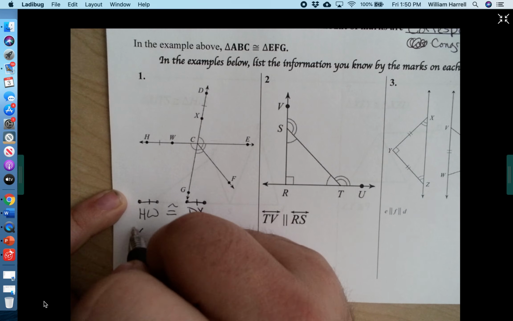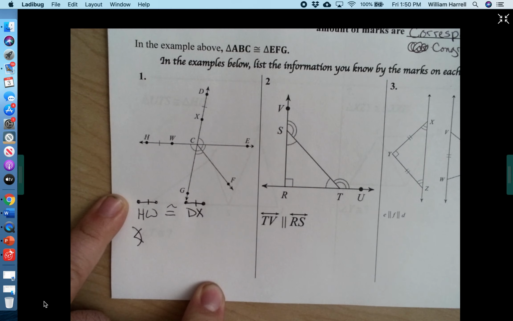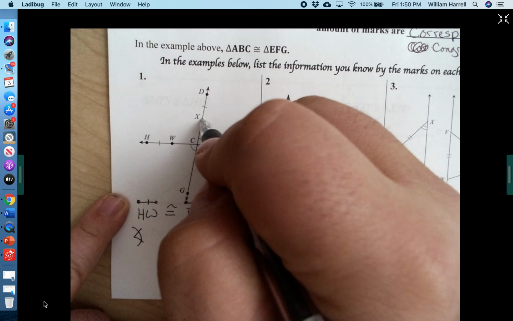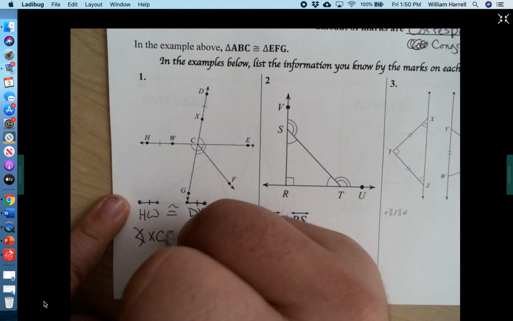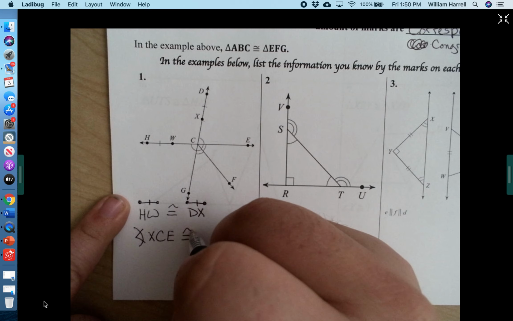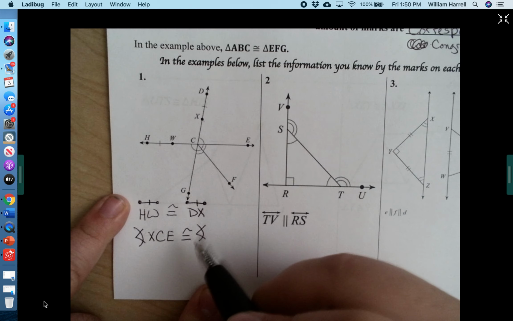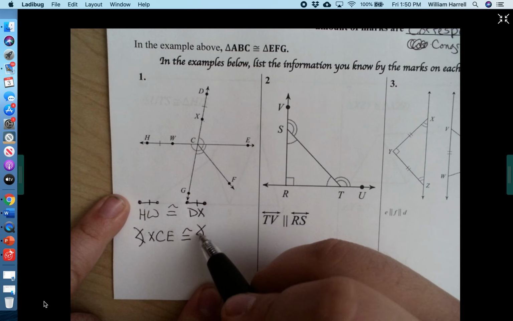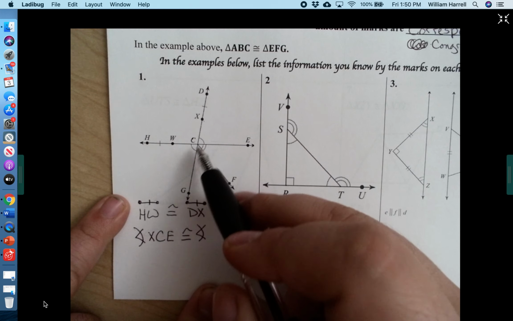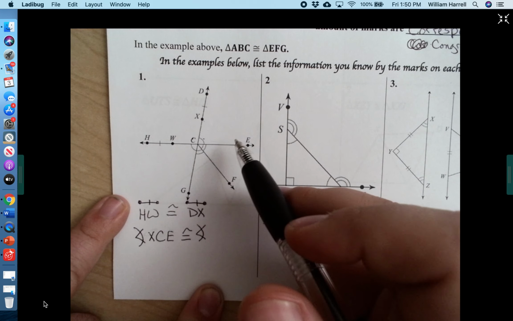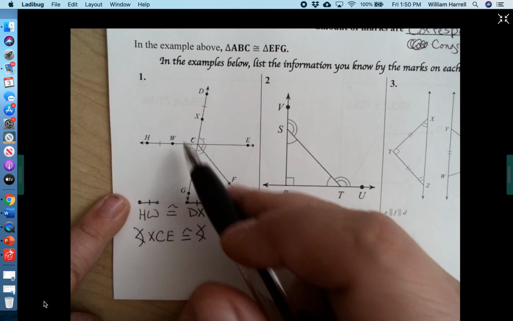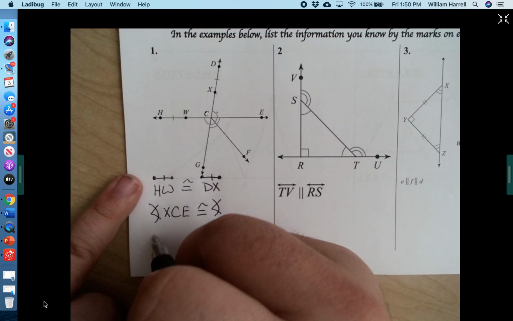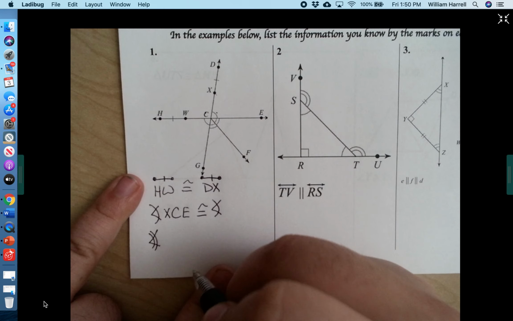Alright. So if I have an angle with 1 mark, angle C, so XCE is congruent. Again, I'm looking for an angle with only 1 mark through it. No marks, 1 mark, we've already listed that one. 2, 2, well, because now I see 2, 2, I'm going to skip this and say an angle with 2 marks.